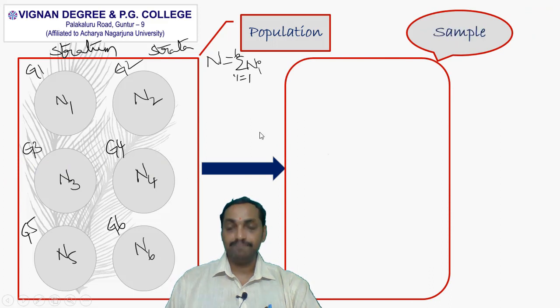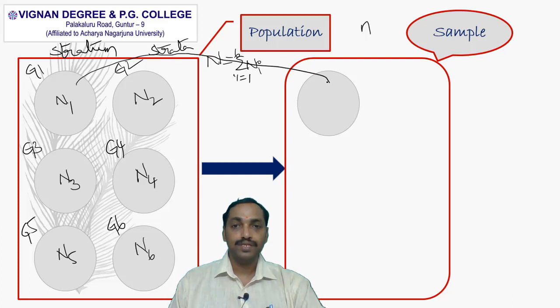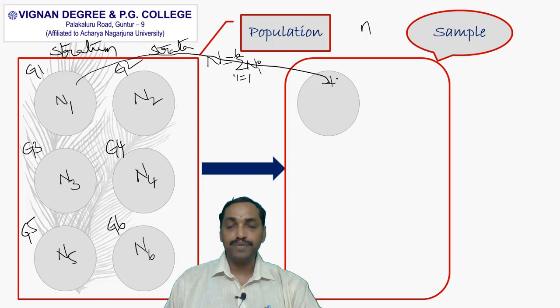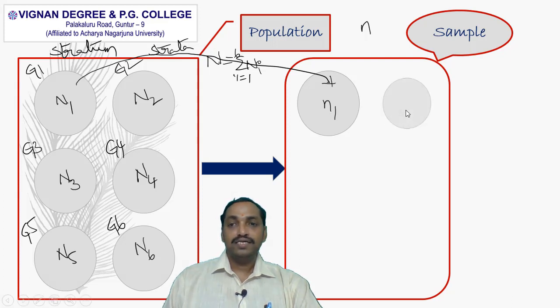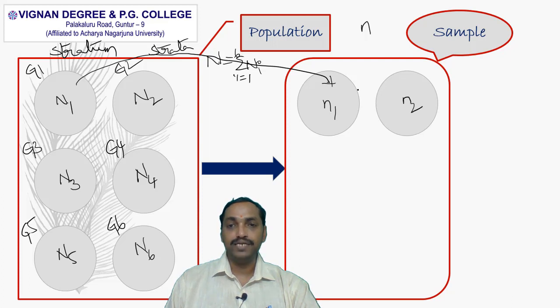I need to select a sample of size small n from each subgroup. So this is a group of elements, part of the elements taken from group 1. And this subgroup in the sample comprises small n1 number of elements. And the second subgroup comprises small n2 number of elements.